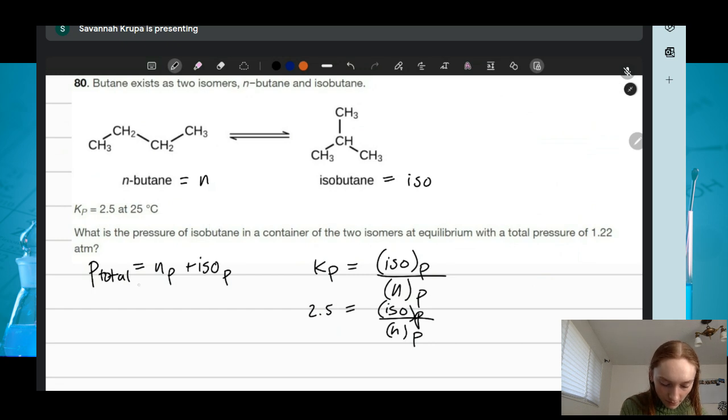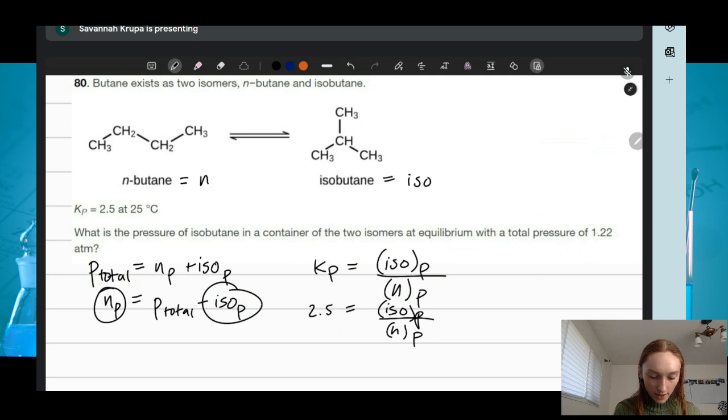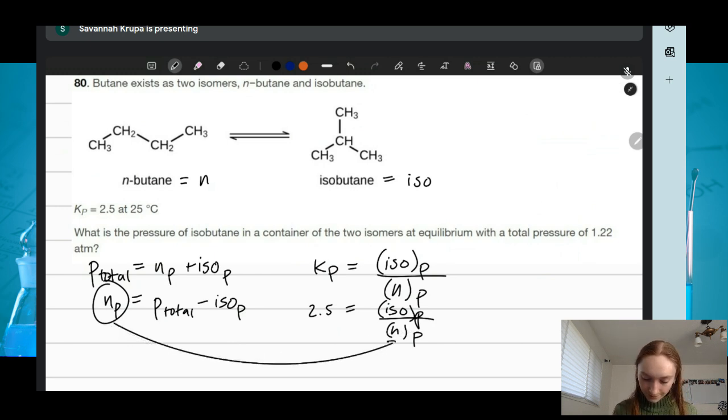So if we solve for N-P, we just subtract. So P total minus iso-P. And so now we have an equation for N-P in terms of iso-P. So now we can plug this in. So right here, this will go right into here. And so that'll be equal to iso-P divided by P total minus iso-P.